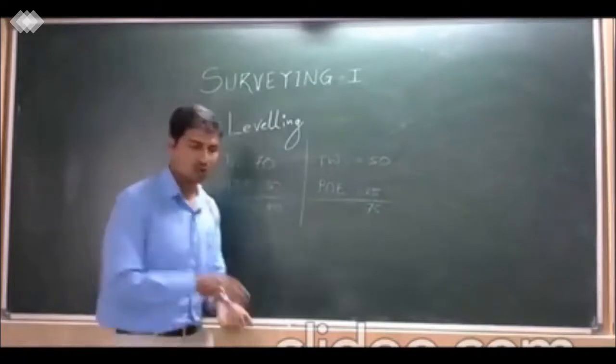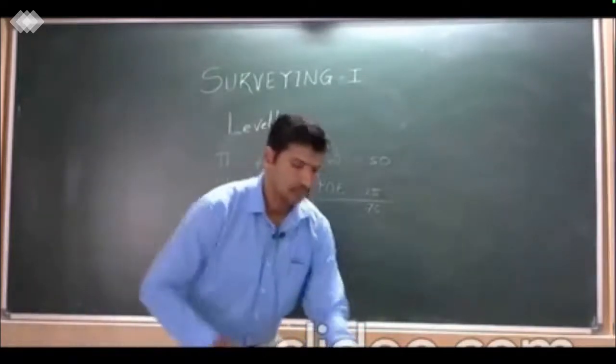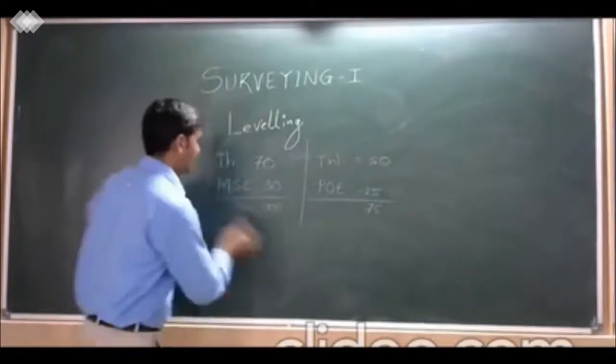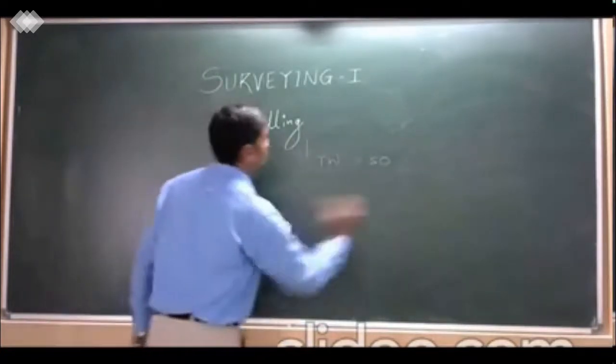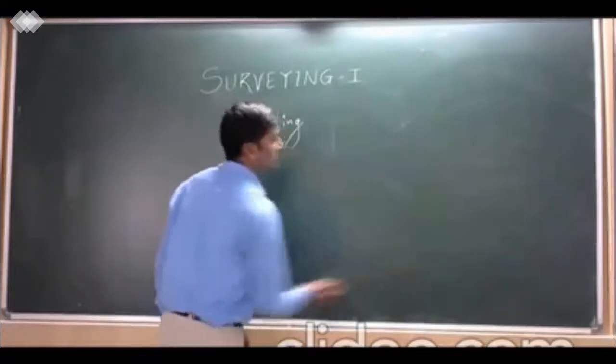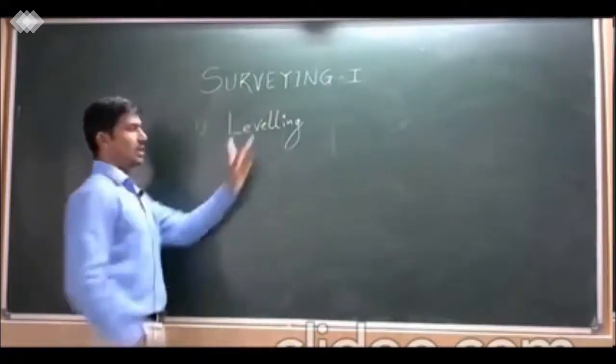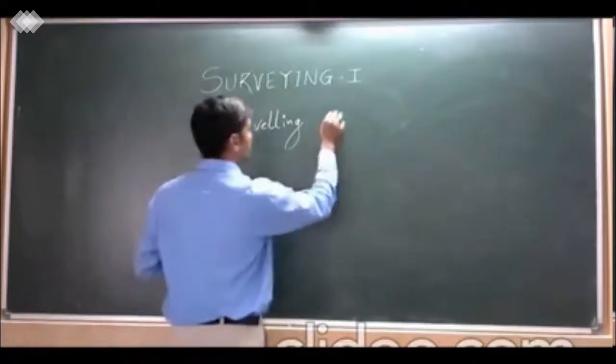Okay, so let us go with the overview of all the units. Let us start with the overview for the first unit. The name of the first unit is leveling and contouring.